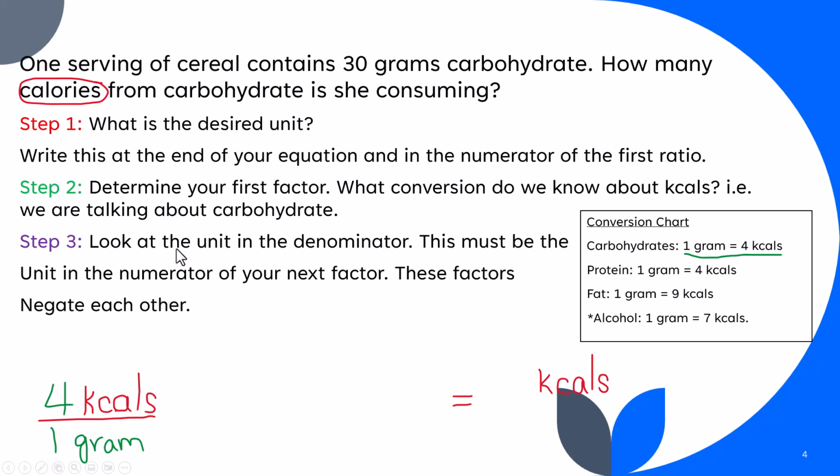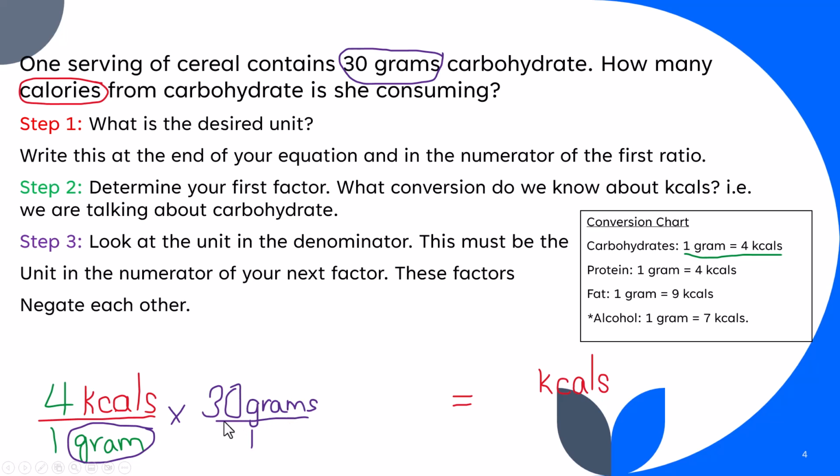Next step, look at the unit in the denominator. This must be the unit that we put in the numerator of the next factor. So we look in the question. It says 1 serving of cereal contains 30 grams. We need grams to match. So we write that in our equation. 30 grams, and the ratio would just be over 1.